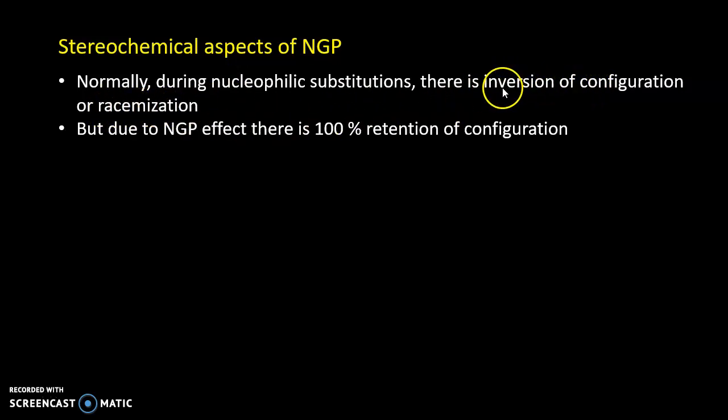Now I will explain this concept. What is inversion of configuration and what is racemization? I will explain this while taking an example. But if the nucleophilic substitution reaction is there with this NGP effect, then in the product there is 100% retention of configuration. This is very important. Remember this, okay?